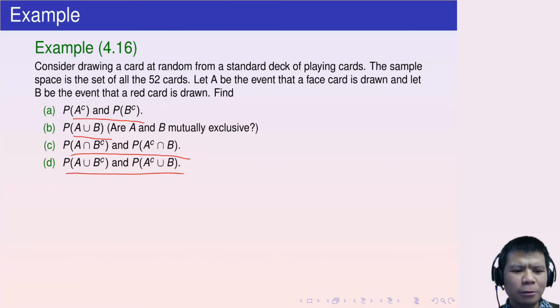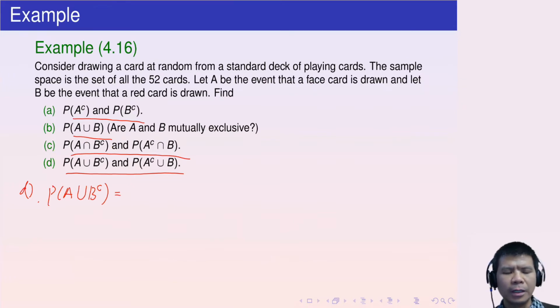So how to find part D? For instance, how to find the probability of A union B complement? How do you think we can find this probability? Firstly, what kind of probability rule should we use? We see that this is a union of two events.